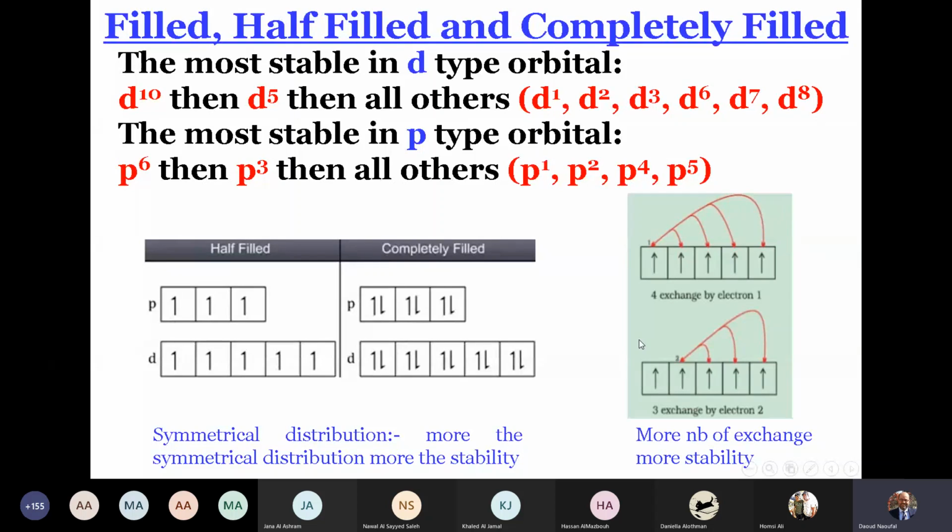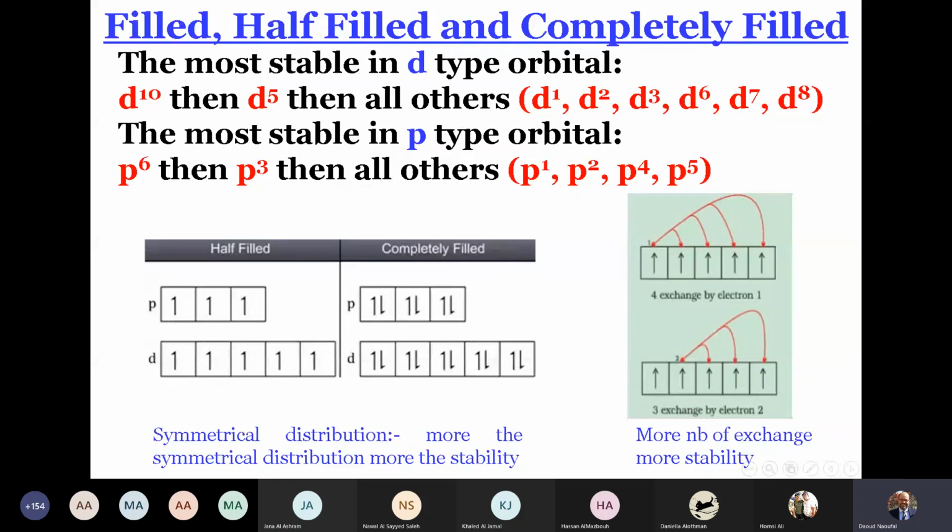Another reason is that in the case of half filled, for example, an electron can exchange its place with another electron. So if we consider electron 1, it can pass to the second, and the second passes to the first, so we have 4 possibilities.